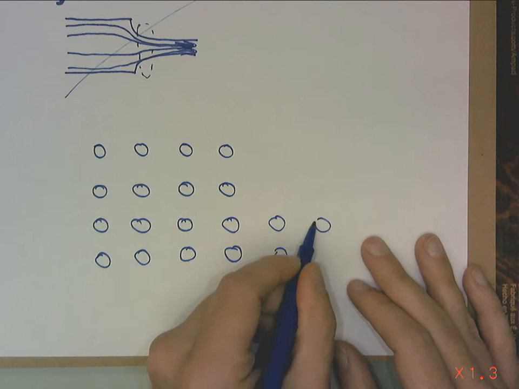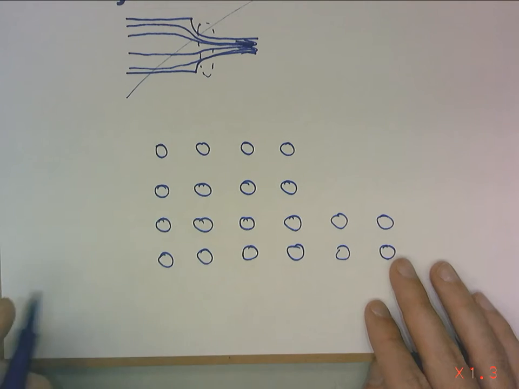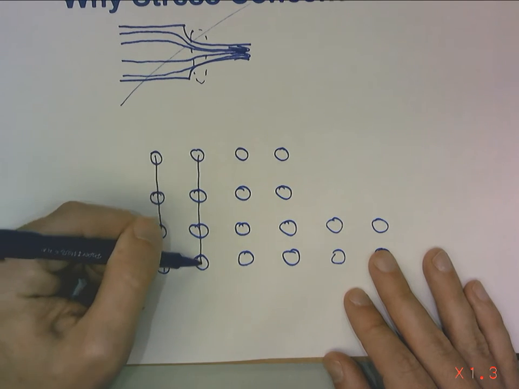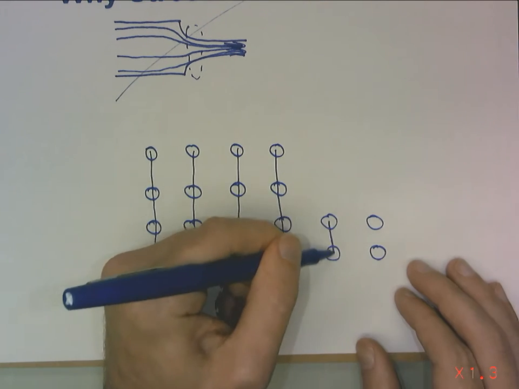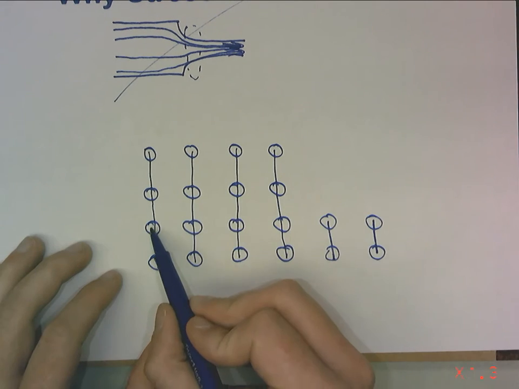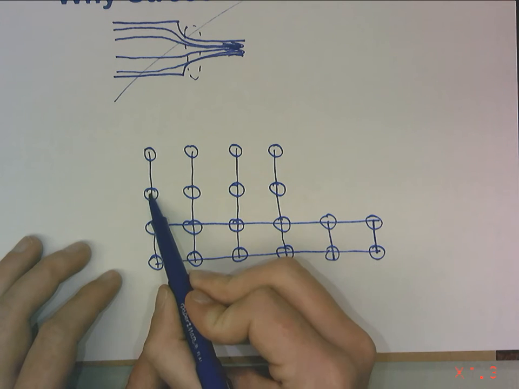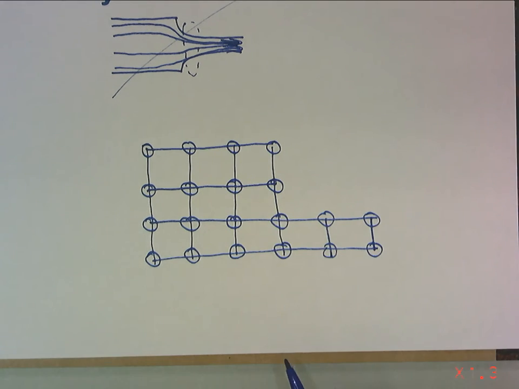And we've got, all the way down to the crystal structure level, a geometric discontinuity. Right, so here's our nice cubic crystal structure.